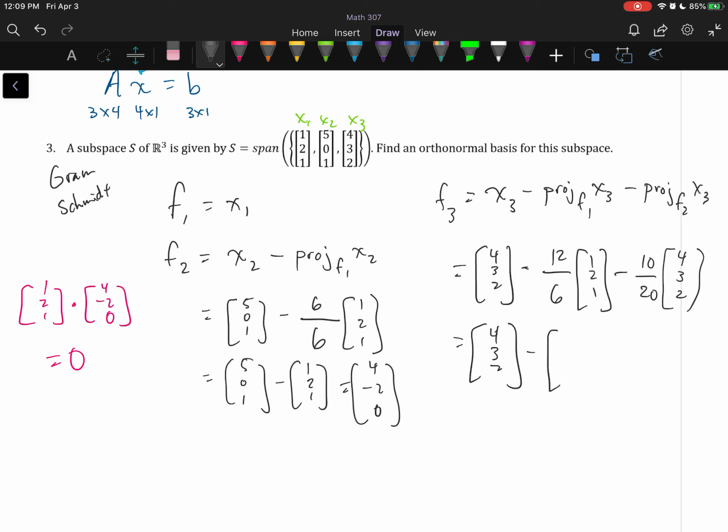Minus 2 times this vector. So let's go -2, -4, -2. And then 1/2 times this vector. Shoot. I didn't need to do the negative part on that last one because we left the minus sign there. 1/2, 2, 3/2, and 1.